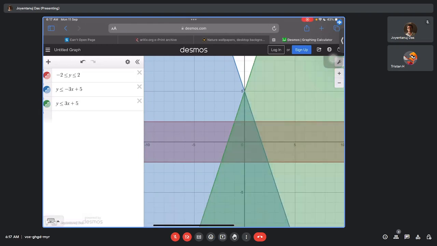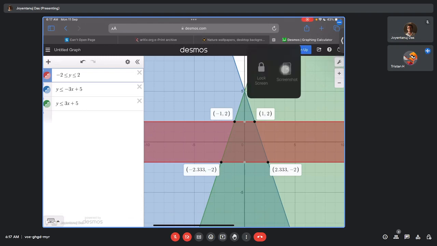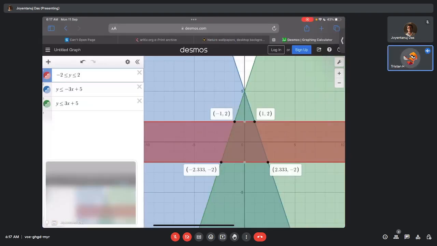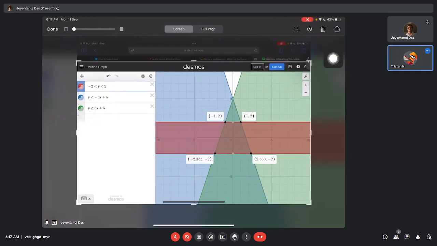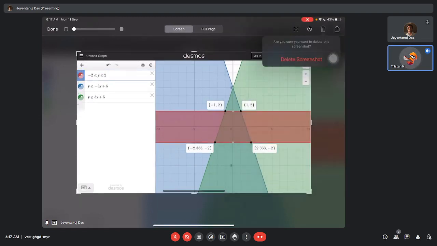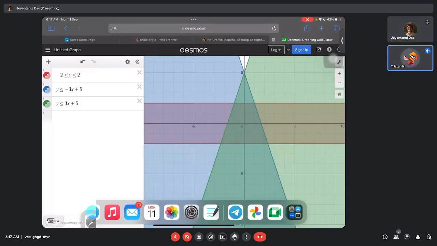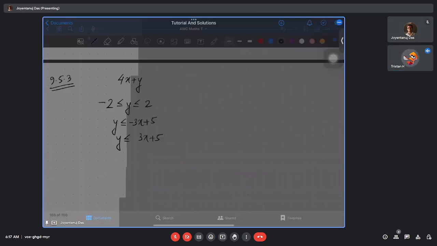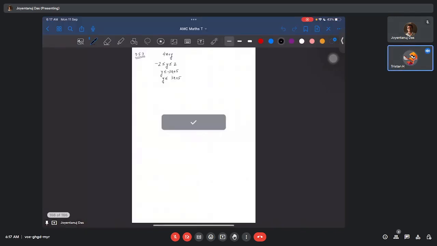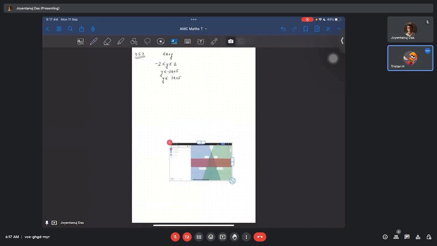Okay, so the area is this one. These are the corner points, right? Oh, yes, that's what I got as well. And then the maximum value of 4x plus y would be 6, because 1 comma 2. Right.